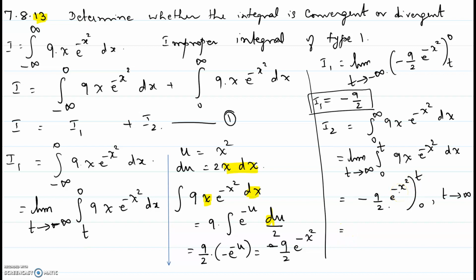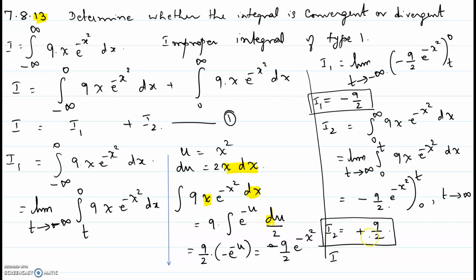At the upper limit, e to the negative t squared, with t approaching infinity, will be 0. Then at the lower limit, it will become e to the 0, which is equal to 1. But at the lower limit, you will have a negative appearing here. So it will be plus 9 halves. So I2 is positive 9 halves.